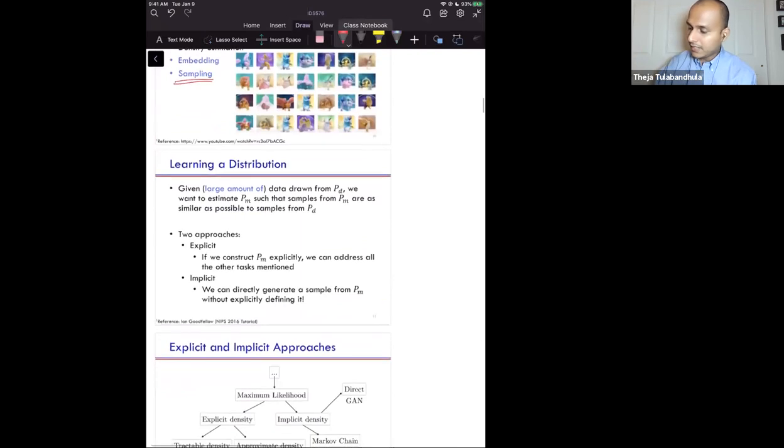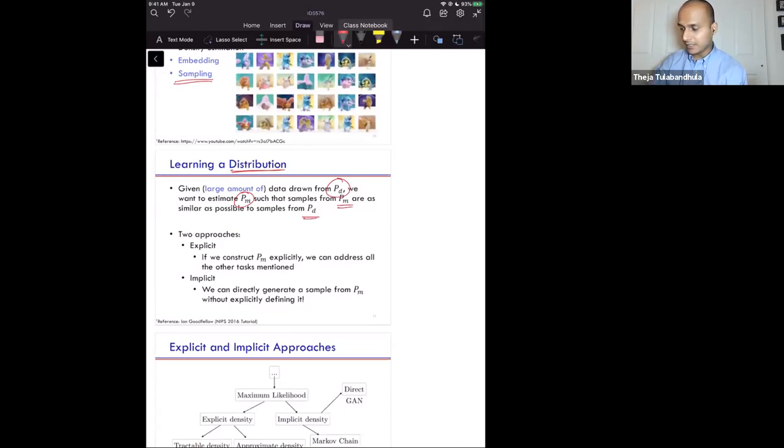So let's spend a little bit more time on learning a distribution. Say I've been given a large amount of data from a distribution PD. We don't need to know it, but let's say we draw a lot of independent samples from PD, and then we want to estimate PM. The subscript M just represents a model, such that the samples from PM are as similar to samples from PD.